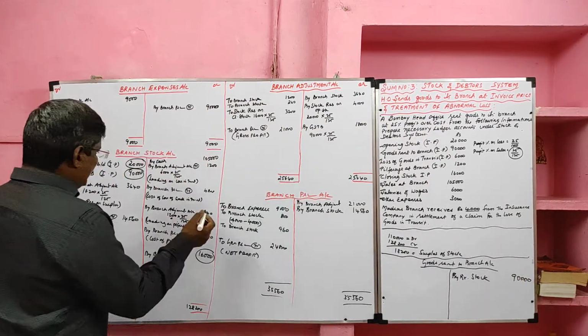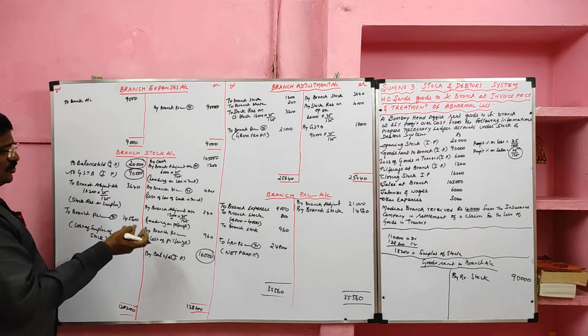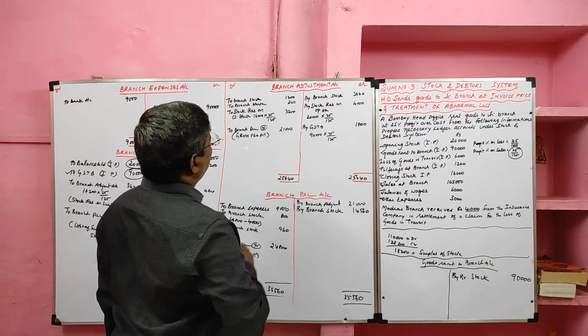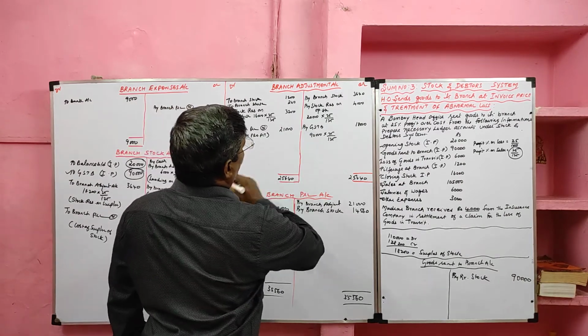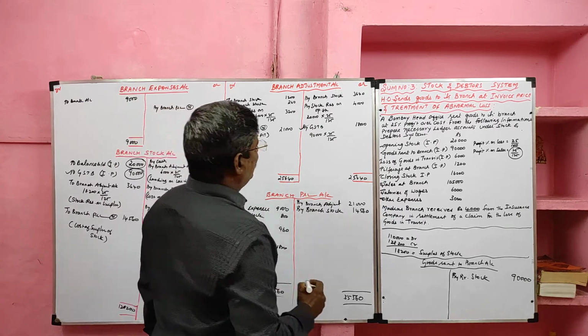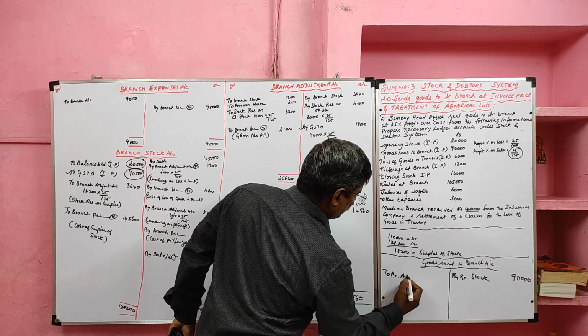Then on the credit side, goods returned to head office is not given, so we can ignore it. Then look at the branch adjustment account. Here goods sent to branch is credited. Here that should be debited as branch adjustment account.